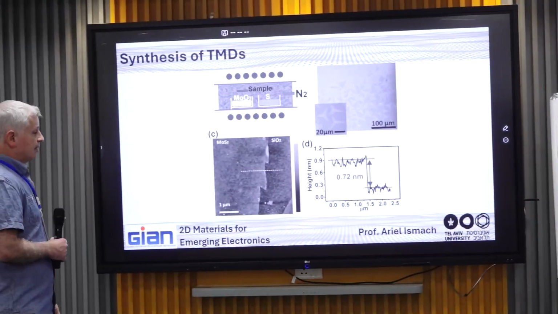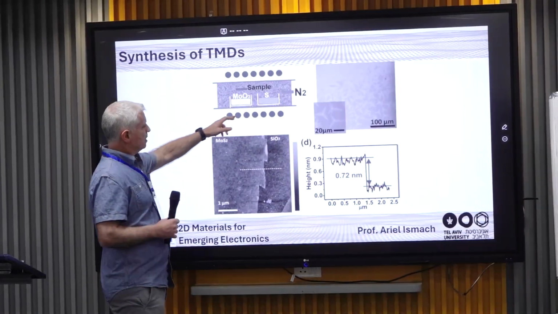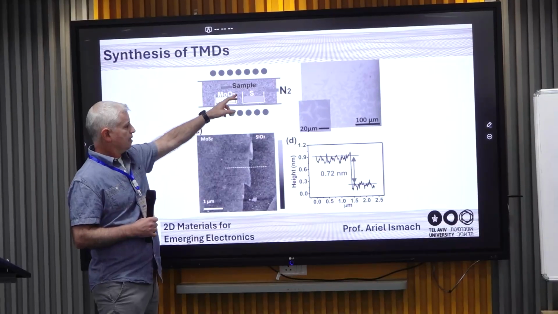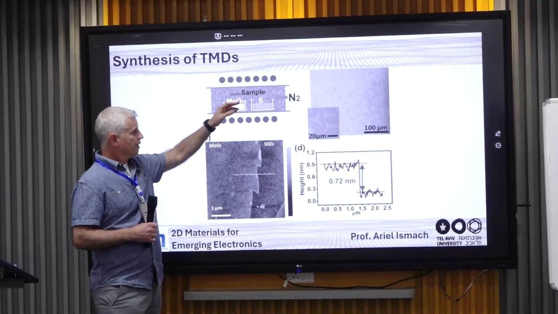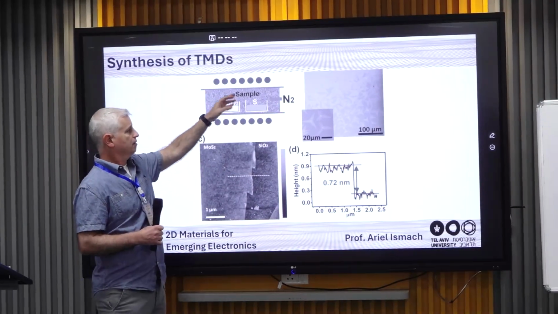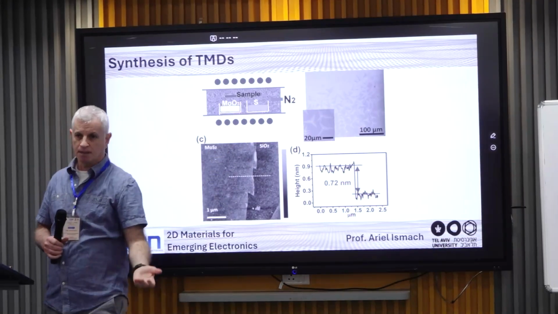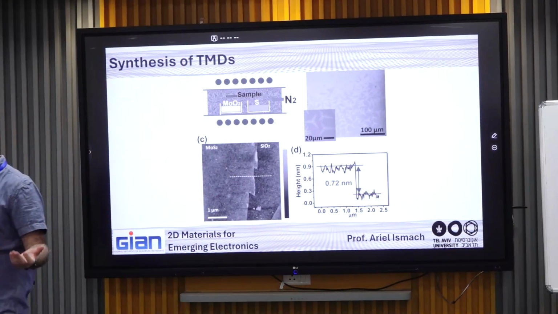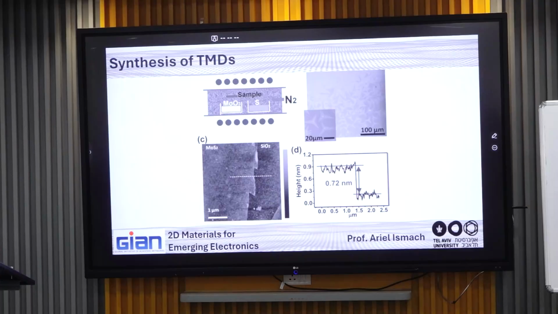And that's a problem. Why is it a problem? Because then you need to put the precursor inside the reactor by the sample, because the growth is done at very close temperatures.